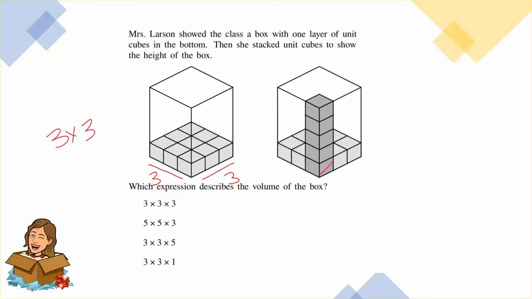Counting up 1, 2, 3, 4, 5, I have 5 layers. That means to find this volume, I could multiply 3 times 3 times 5. Let's see if that's a choice. So the volume of my box is 3 times 3 times 5.